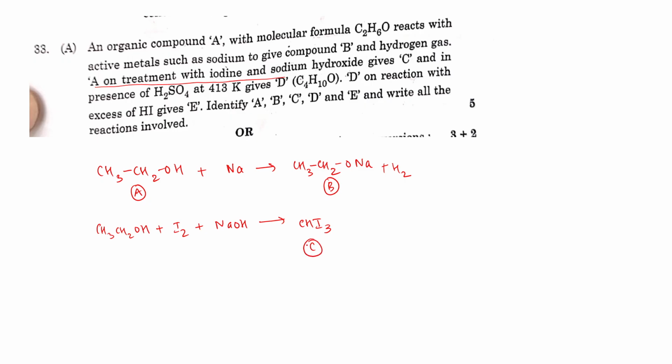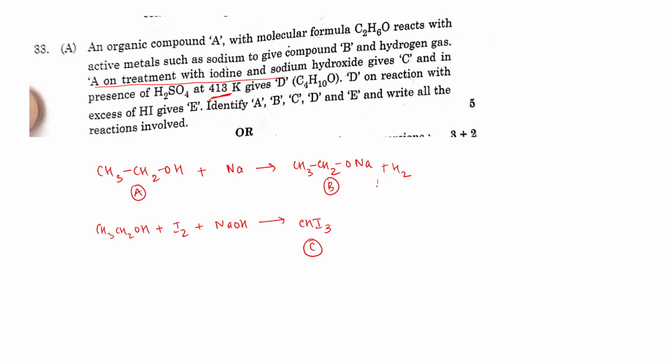This iodoform, CHI3, is C, in presence of H2SO4 at 413 K. This temperature is very important. At 413 K it undergoes intramolecular dehydration to result in ethers.